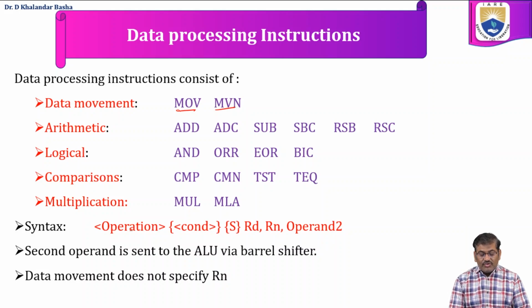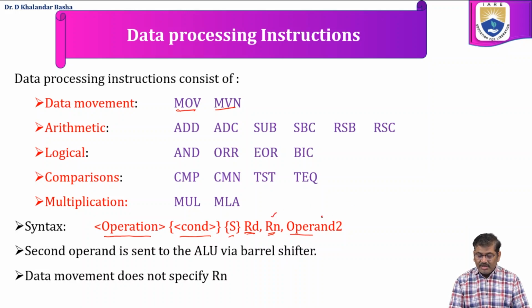Here the syntax of the data processing instruction is the operation followed by condition, followed by S, and then the destination, which is Rd, and the Rn operand. The second operand is sent to the ALU via the barrel shifter.